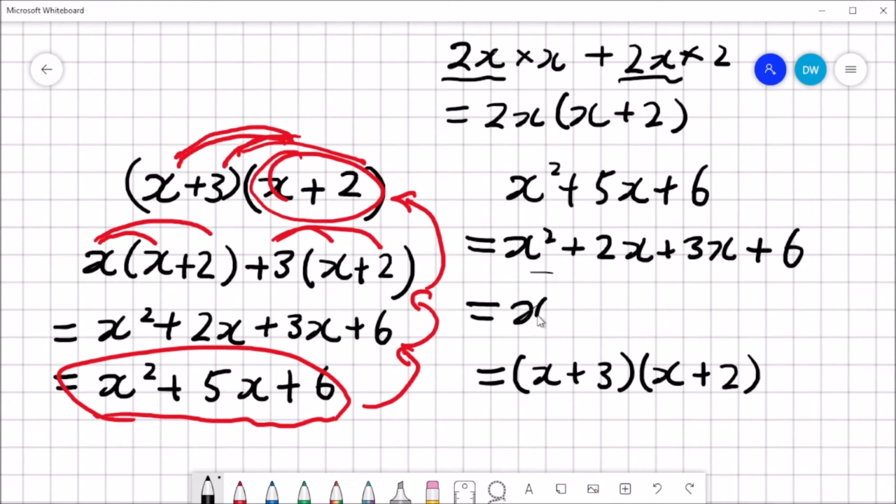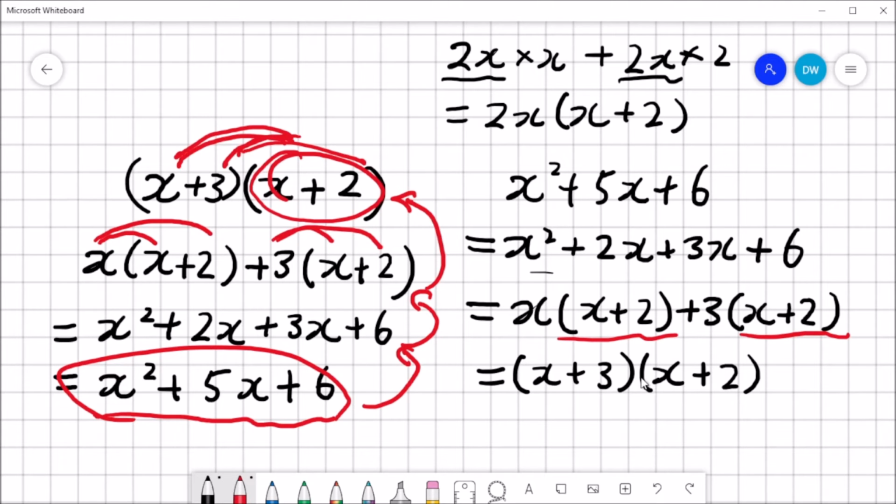The common factor here is x, so x times x plus 2, plus the common factor here is 3, so 3 times x plus 2 again. Then we factor these two out, and that's what we end up with.